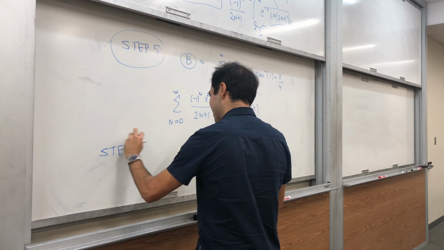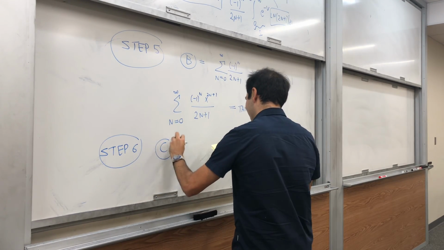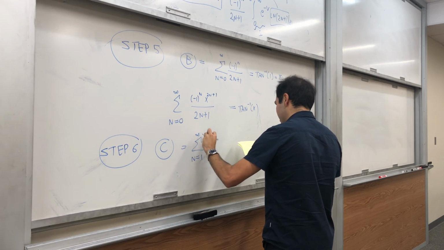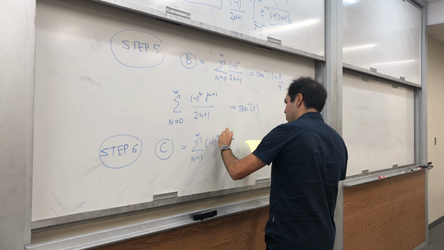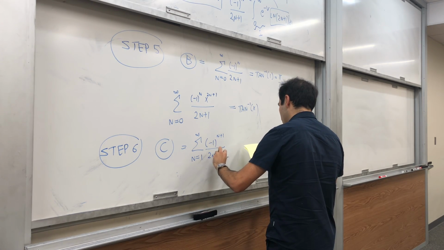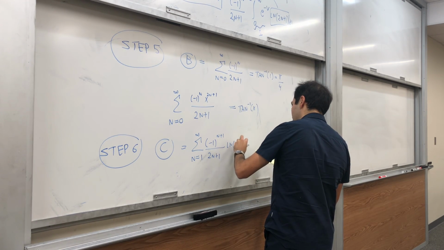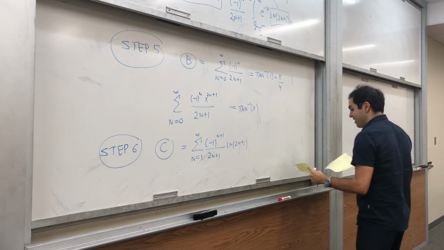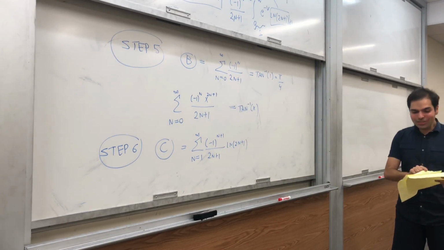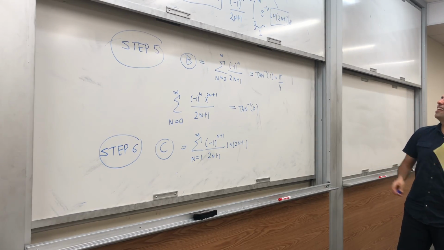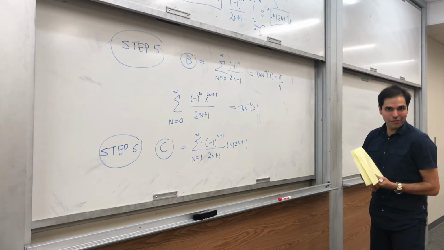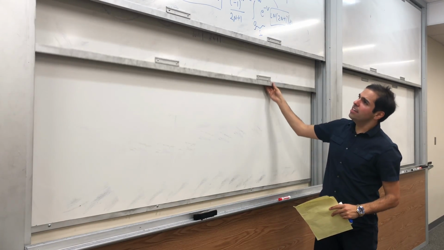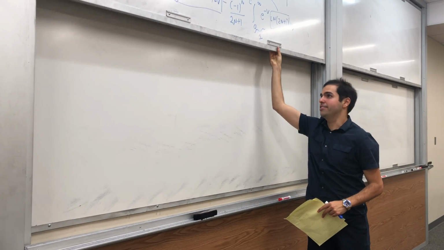So step 6. C, which again is the sum from n equals 1 to infinity of (-1)^(n+1) over 2n+1 times ln of 2n+1. Now we need to use another series which I'm not very familiar with, and I don't know why it works, but it's what's called the Kummer series.